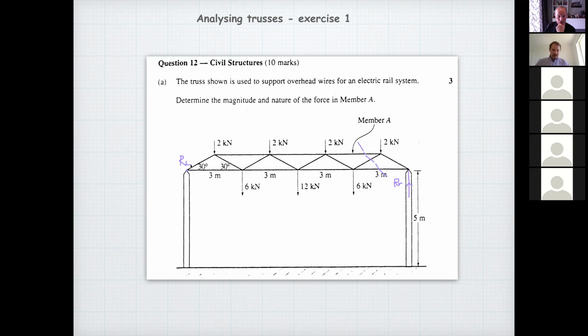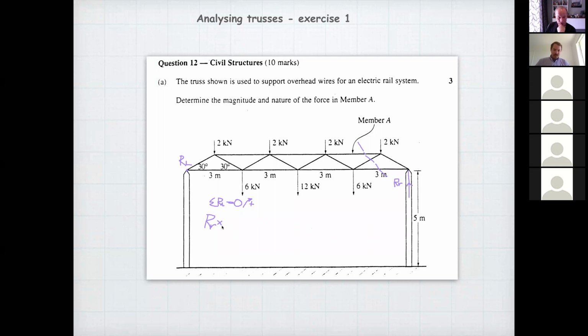And lots of students did this. They say the sum of the moments about reaction left equals 0, with that direction positive, and then away they went. So they did RR times, now remember you've only got 1.5 times 3, which is 4.5 minutes to do this.